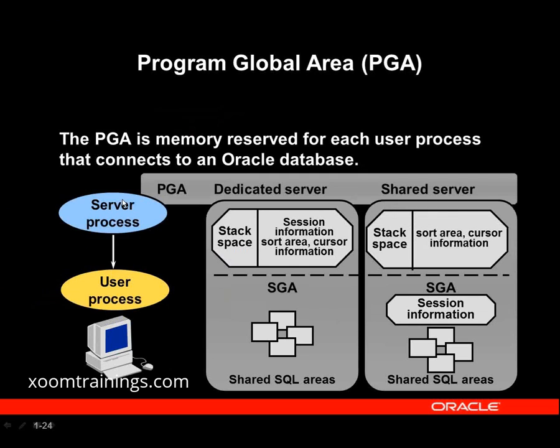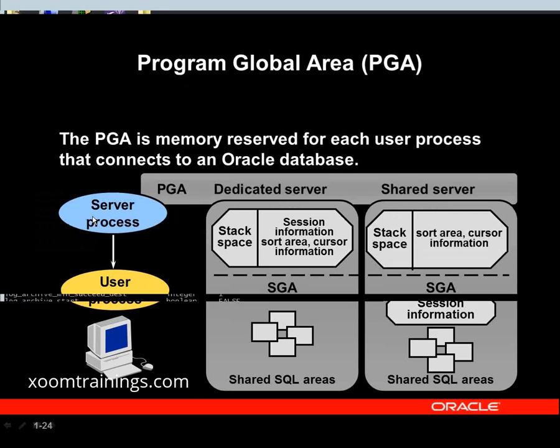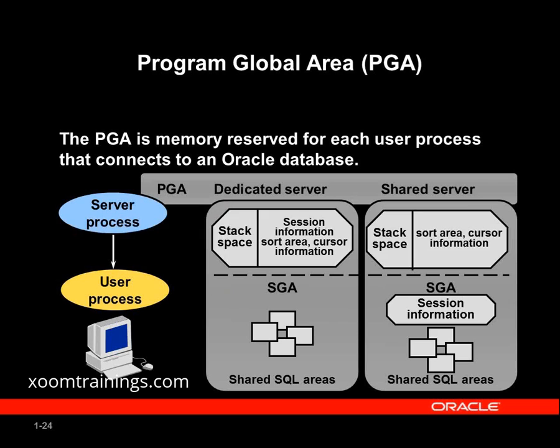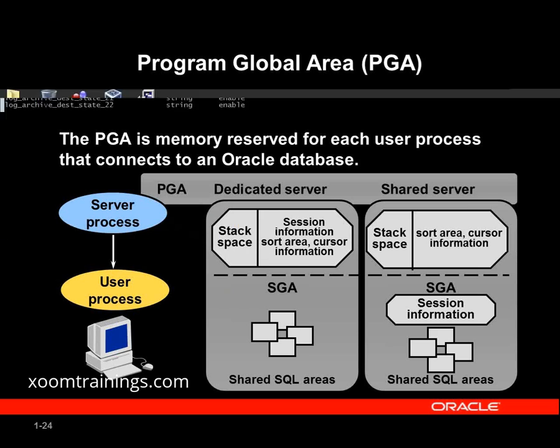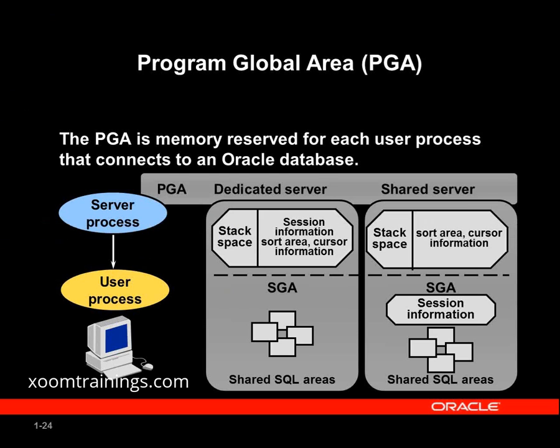There are two types of PGAs: one for a dedicated server, and one for a shared server. Let's say we have one user and one server process. In that case, it is a dedicated server. Dedicated server means exactly one user process having one server process.